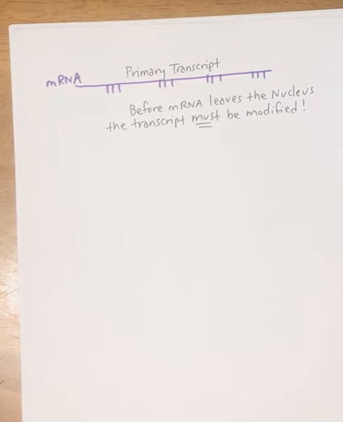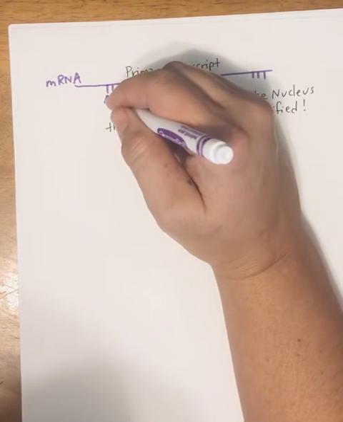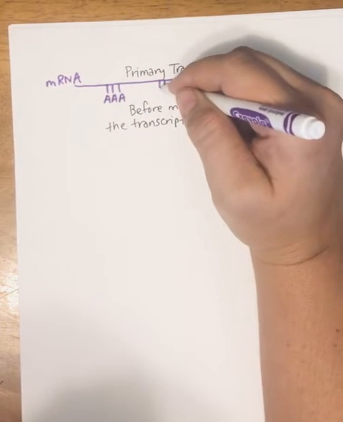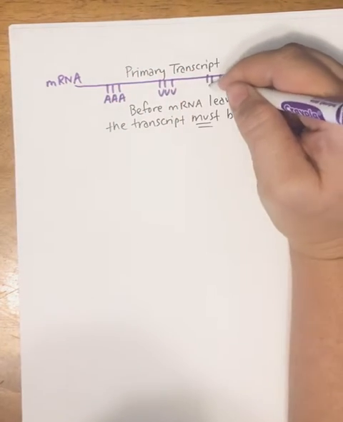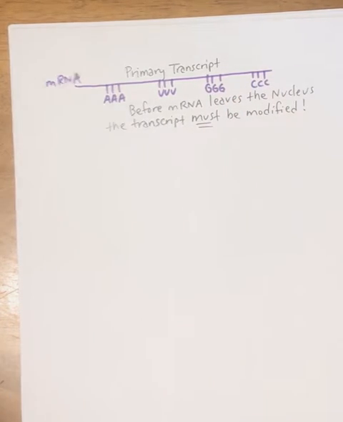Now, as far as mRNA goes, we can just make this easy and say AAA, UUU, GGG, CCC.